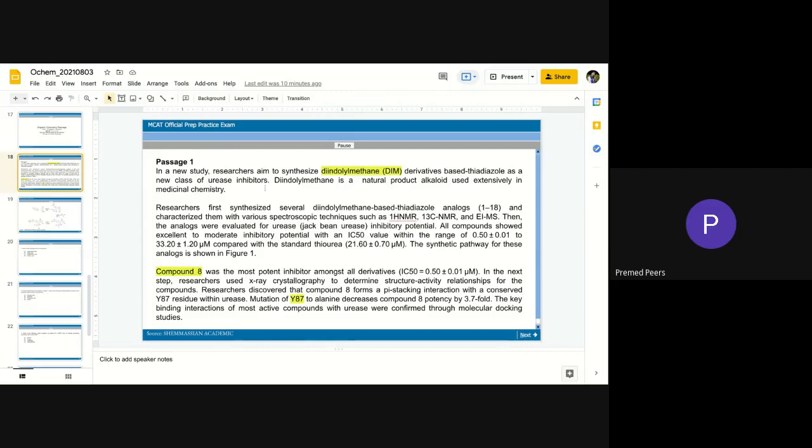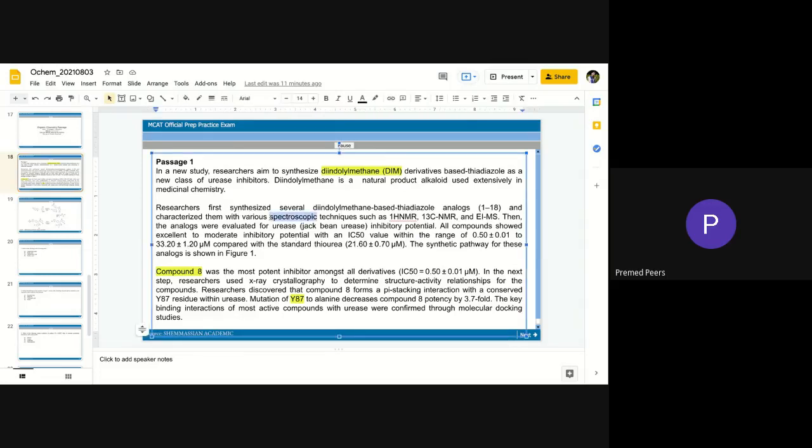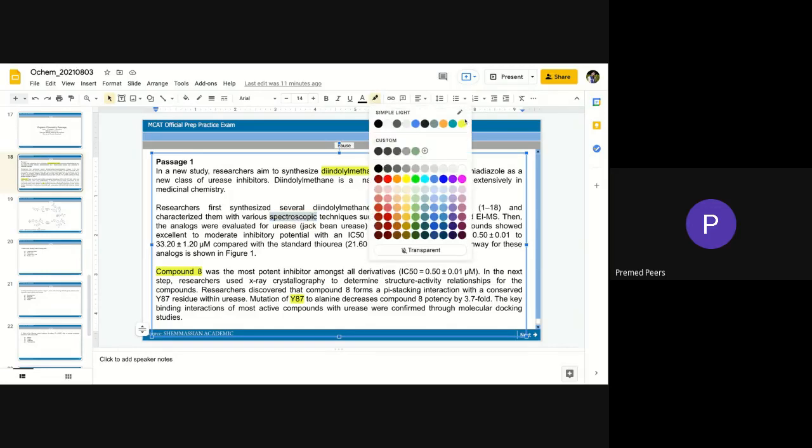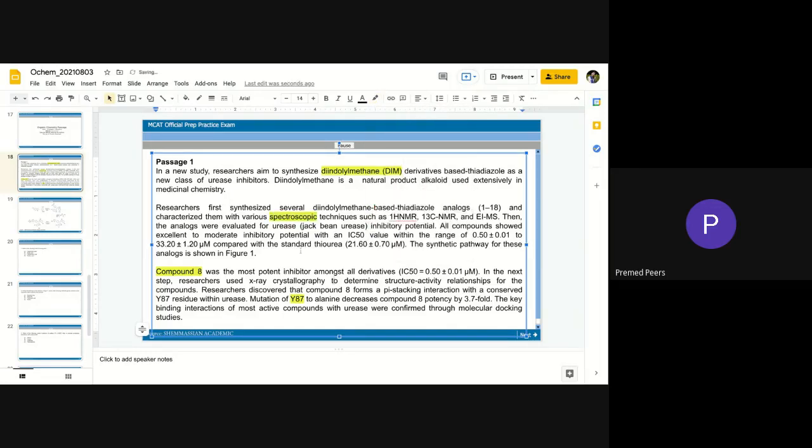So here I go over and identify the DIM, and they gave a quick background about what it is. The second paragraph talks about a bunch of spectroscopic techniques, so I might mark that in case they're testing me on NMR, I know where to look. They also talk about the inhibitory potential with IC50 value.